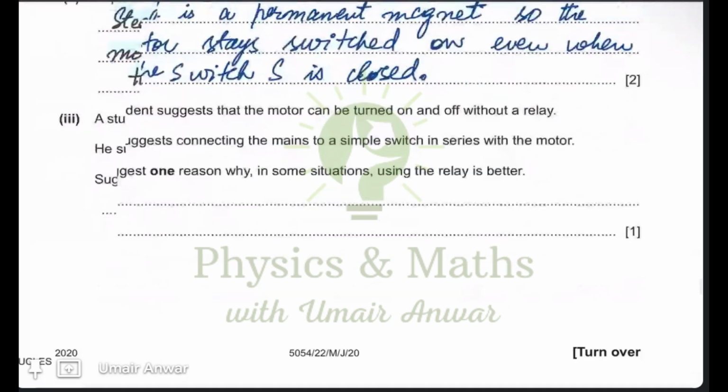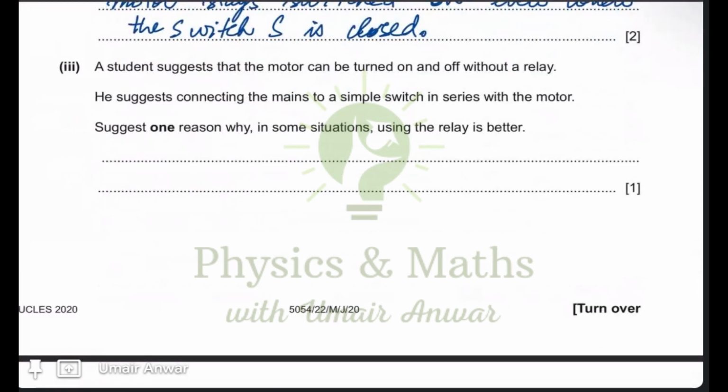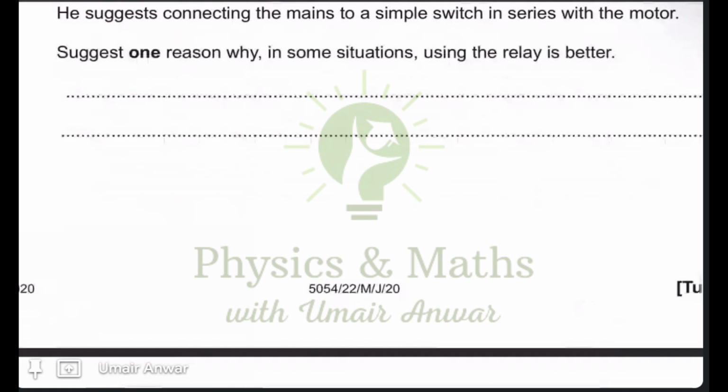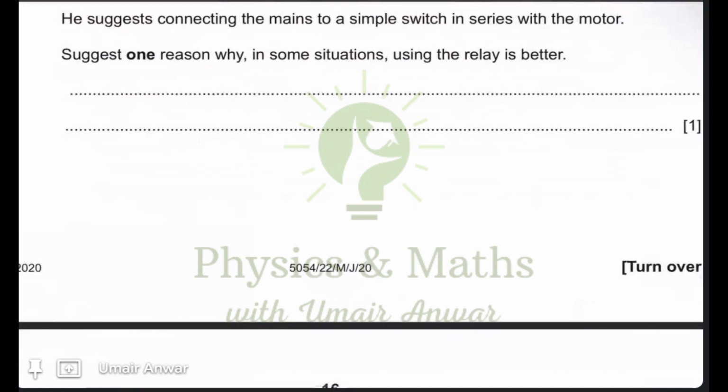The next part is a student suggests that the motor can be turned on and off without a relay. He suggests connecting the mains to a simple switch in series with the motor. Suggest one reason why in some situations using the relay is better. So relay is better because the switch is connected to low voltages.